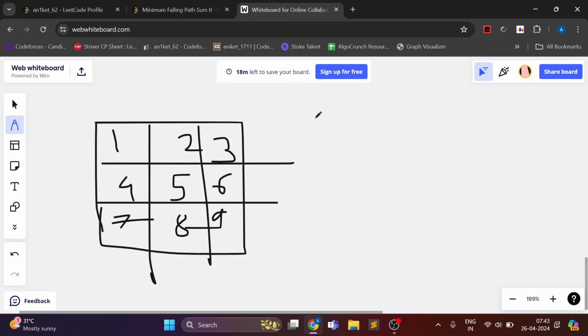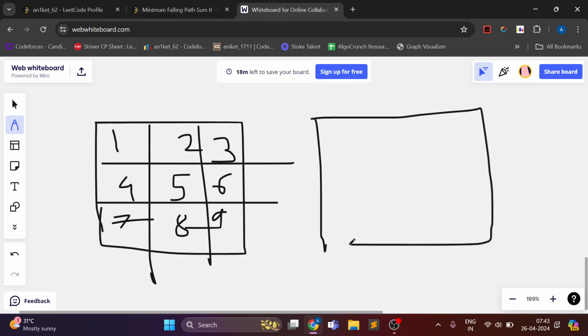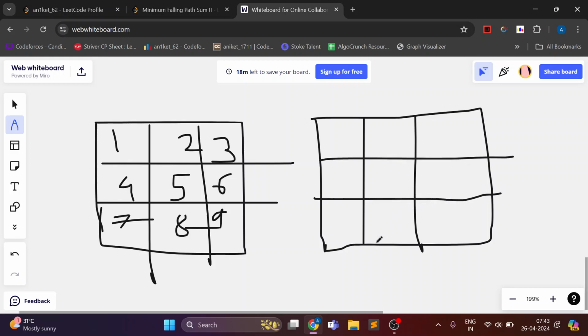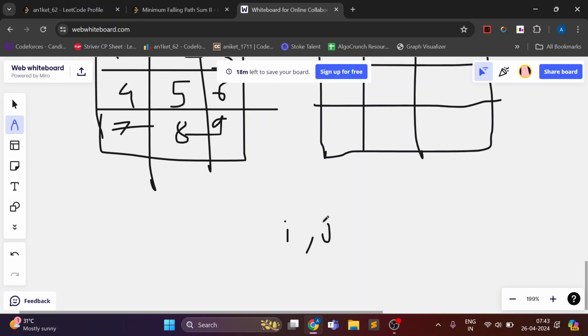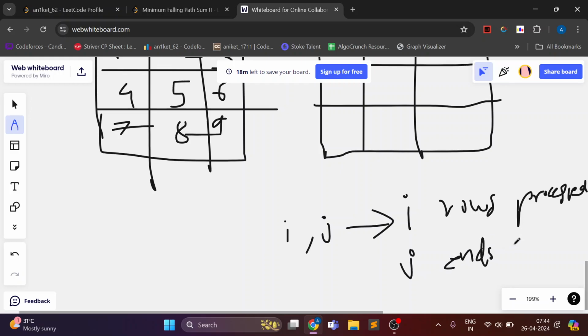Now let's create another DP grid of n square, where in the ith row and jth column, what I'm storing is: i rows are processed, meaning the first i rows are considered, and whatever sum I'm trying ends at the jth position.